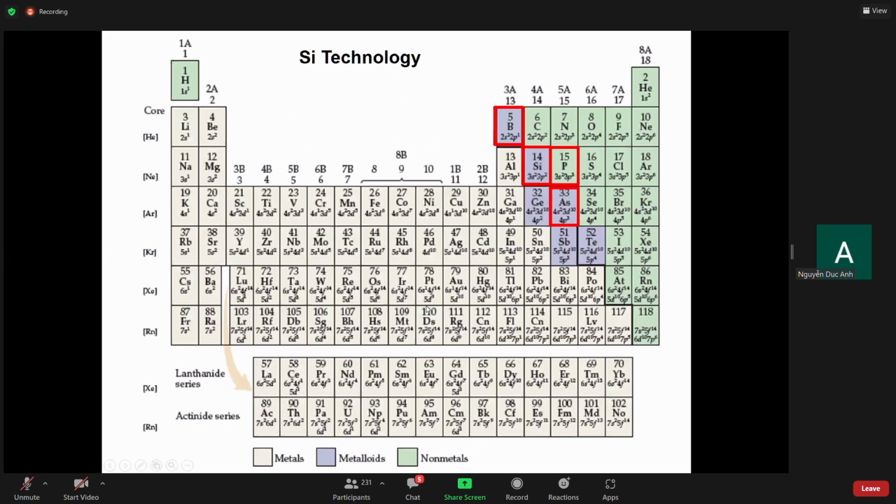So in silicon technology, as I said before, people use boron to make silicon p-type, right? And they also use another element like arsenic or phosphorus, with a higher electron number compared to silicon, to donate electrons to silicon.